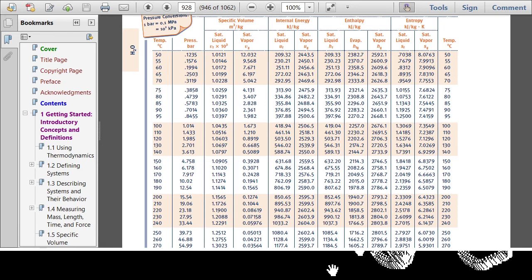Then we need to find the specific volume. The formula for the specific volume is V equals Vf plus X times Vg minus Vf.